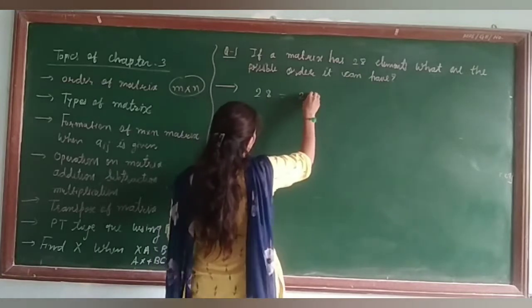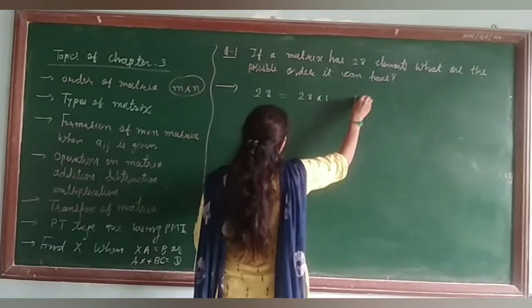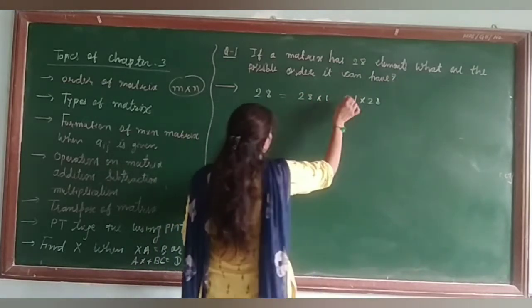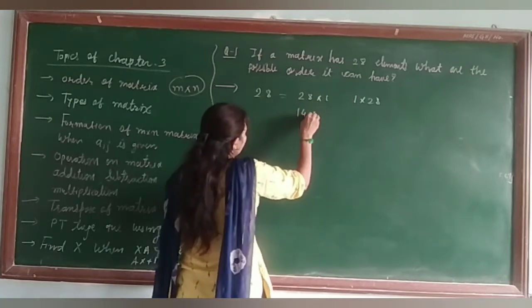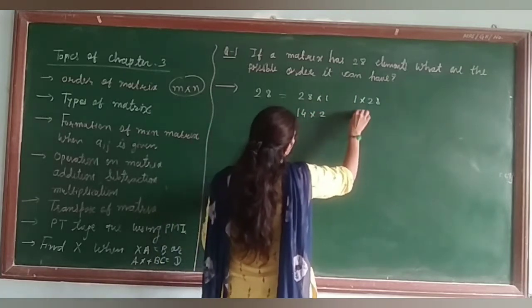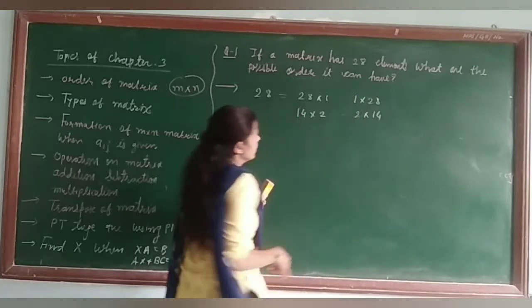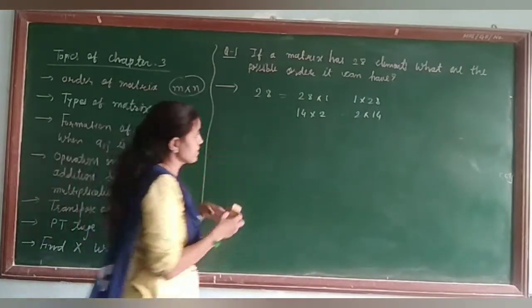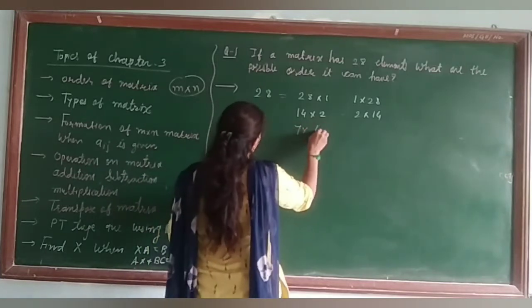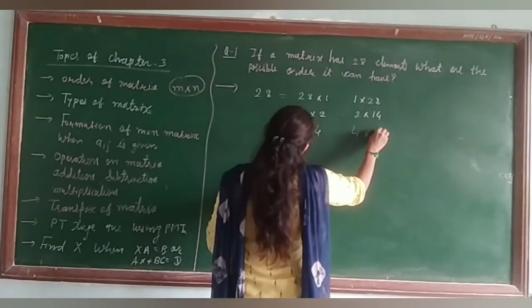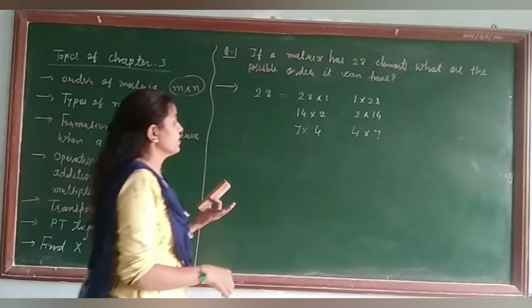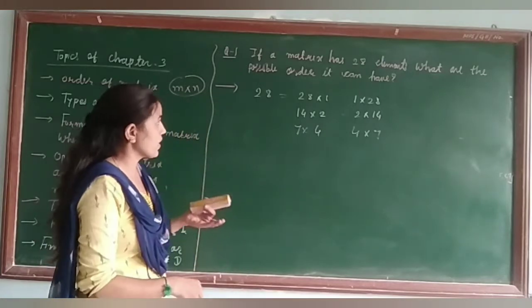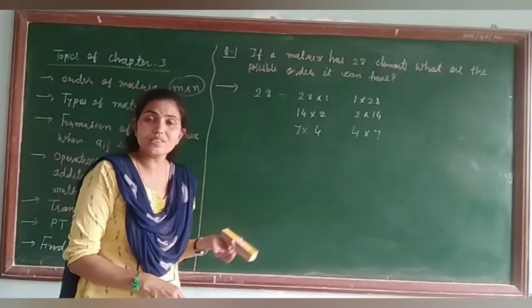That is 28 ones, similarly 1 into 28. Then 14 twos, then 2 into 14. Then we can write 28 as 7 fours, then 4 sevens. If anything else is required, you can write that also.